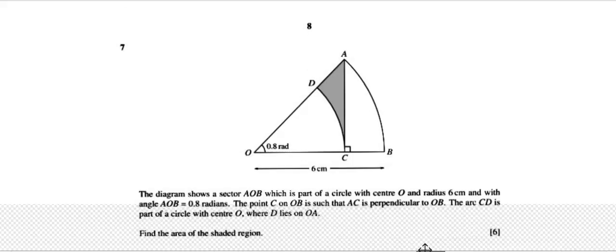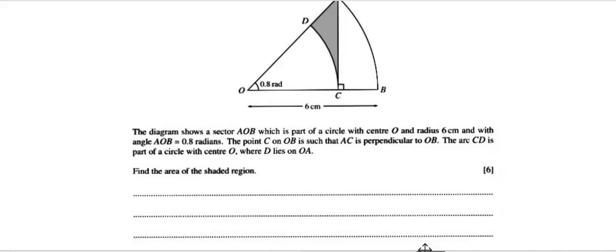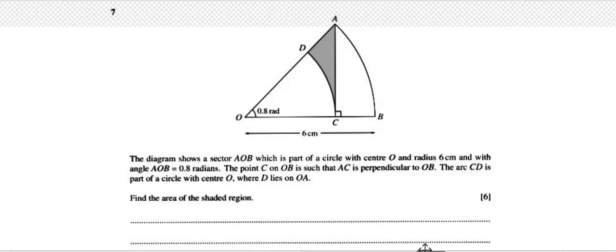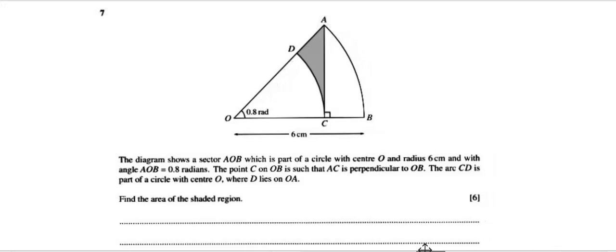Let's proceed to the next question. The diagram shows a sector AOB, which is part of a circle with center O and radius 6 cm, and with angle AOB equal to 0.8 radians. The point C on OB is such that AC is perpendicular to OB, right?